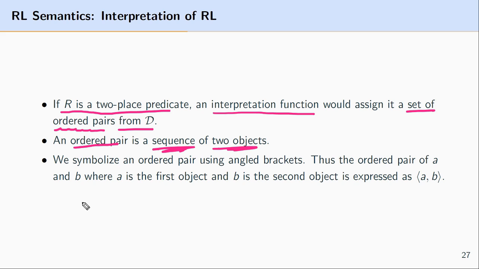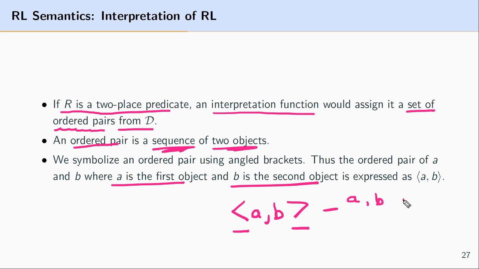So if we had two objects that are put into an arrangement or sequence where the order is important, and A is the first object and B is the second object, we could express that A and B are an ordered pair by writing a left angled bracket, A and B, and then a right angled bracket. So this expresses that A and B are an ordered pair.